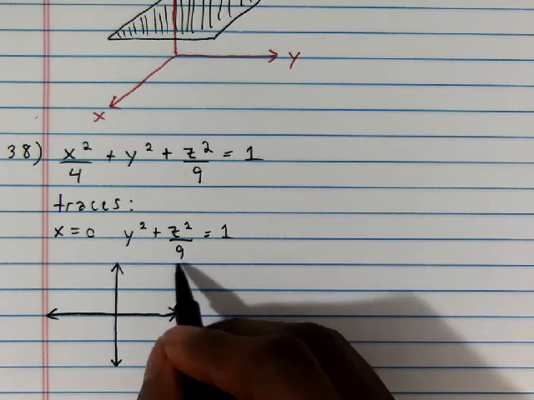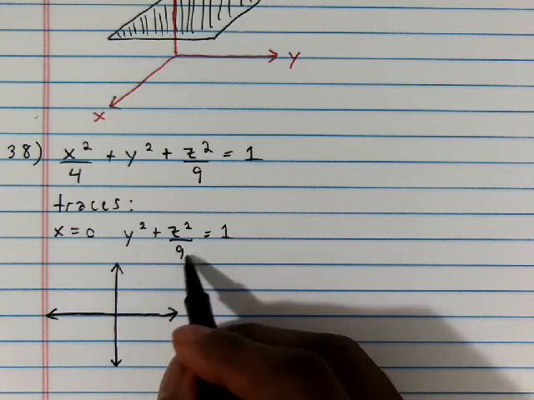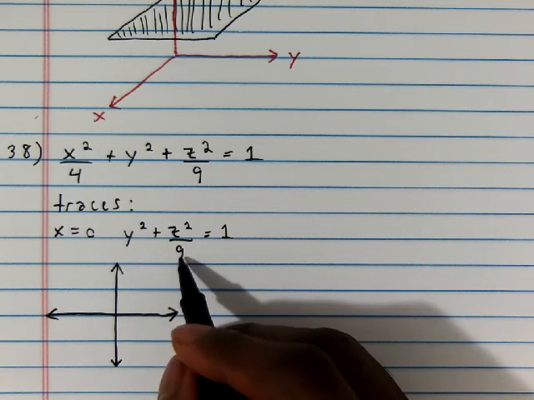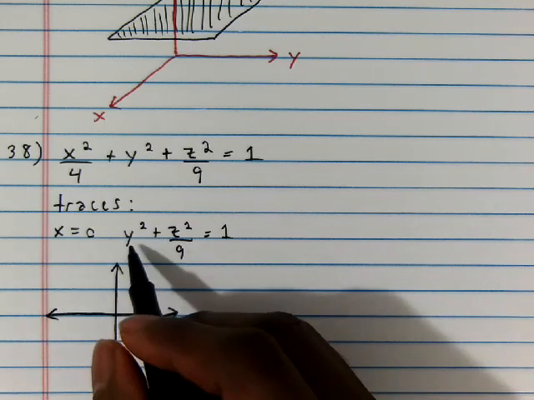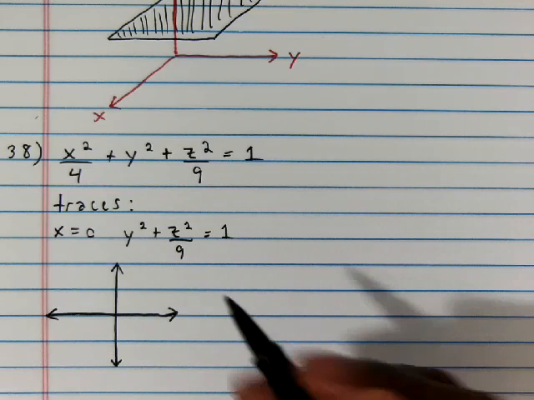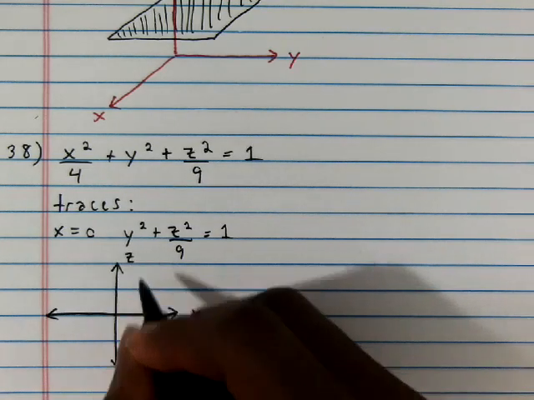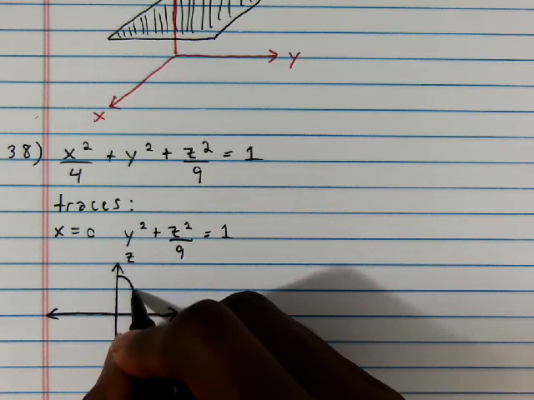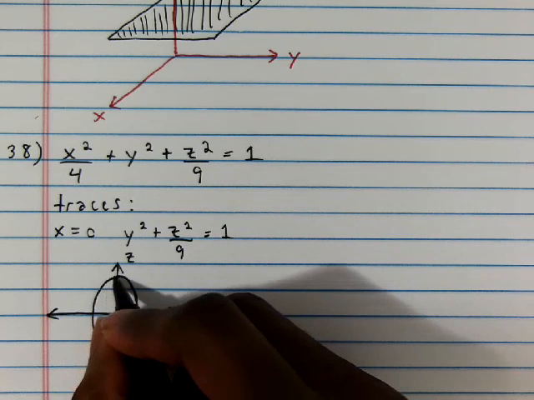Whatever has the bigger number in the denominator is going to be elongated in that direction, and this has a 1 in the denominator, that has a 9. Or you can always just plug in y equals 0 and see you're going to get z equals plus or minus 3. And when you plug in z equals 0, you're going to get y equals plus or minus 1. But we don't need to know those actual values though. So that's what we're going to get there.